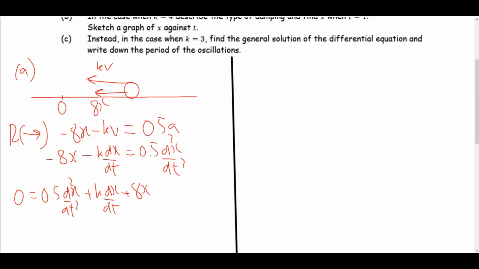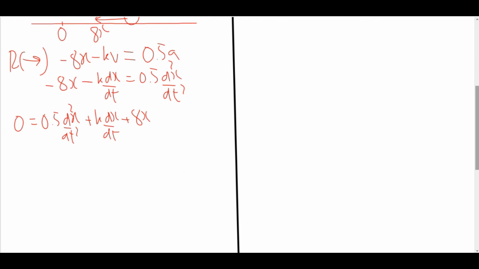If you times through by 2 or divide by 0.5, you get the differential equation that we wanted. So d2x by dt squared plus 2k dx by dt plus 2 times 8 is 16 times x, as was required.